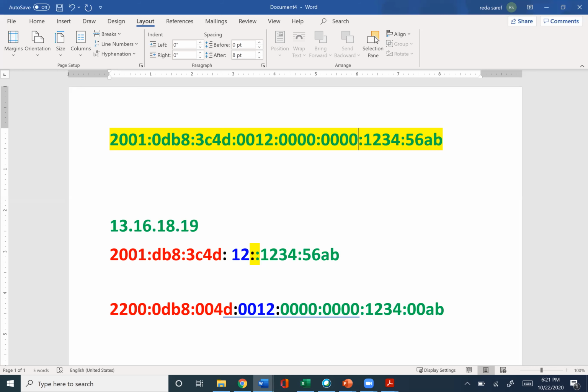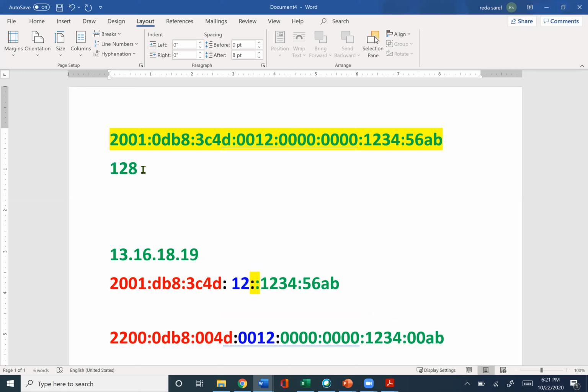Then when we got to IPv6, the second type of IP, we said it's 128 bits, and represented in hexadecimal. Then we talked about the way to represent this IP. It's either this full version, or a short, compressed version by compressing the zeros and taking off the leading zeros.